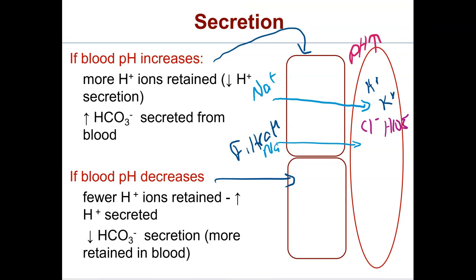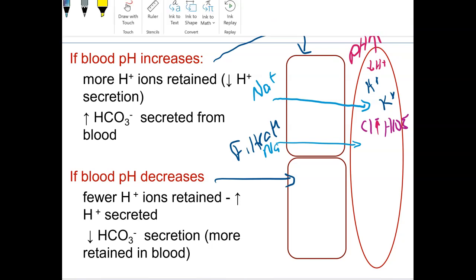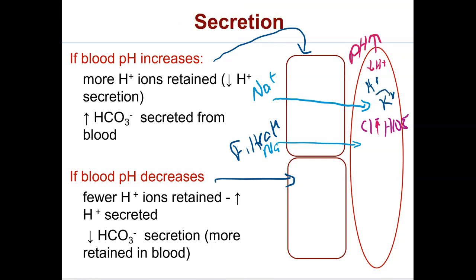If the pH is too high, that means that you don't have a lot of hydrogen ions in your blood. In fact, you probably have too many of those bicarbs. So what you're going to want to do if the pH is too high is you don't want to get rid of that hydrogen ion. You need to hold on to it, right? So what you're going to do is the potassium is going to be able to leave because you're holding on to hydrogen to bring your pH back where you want it.